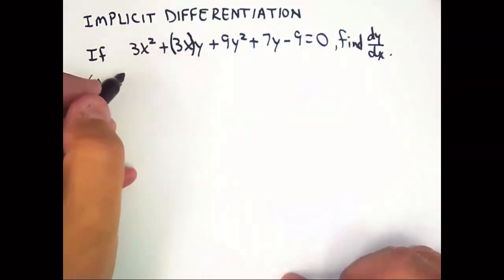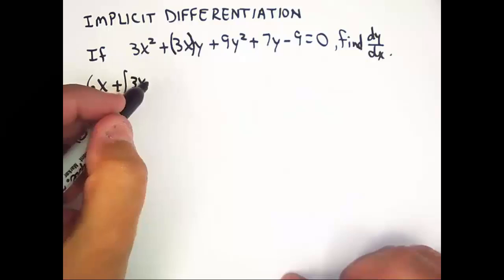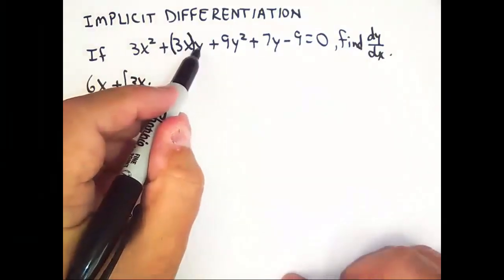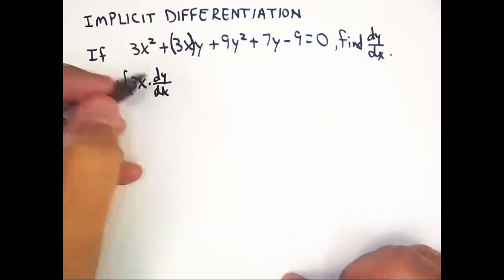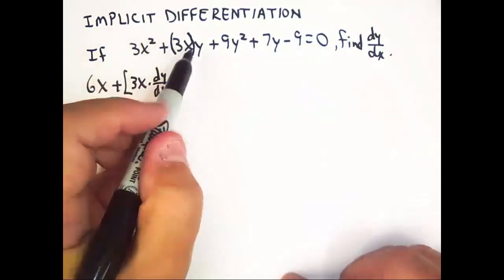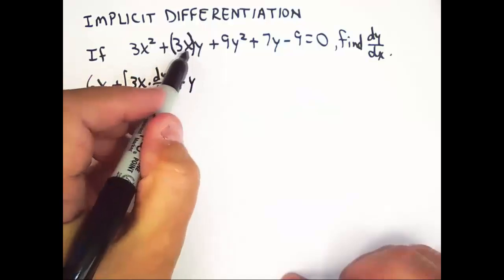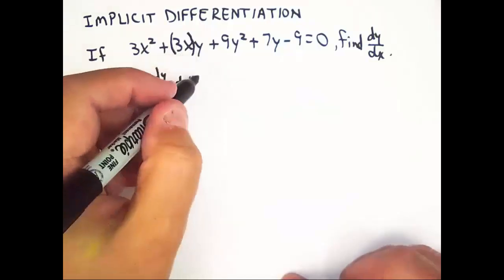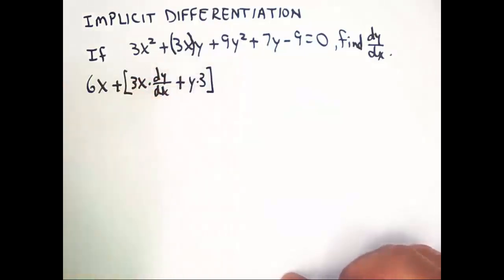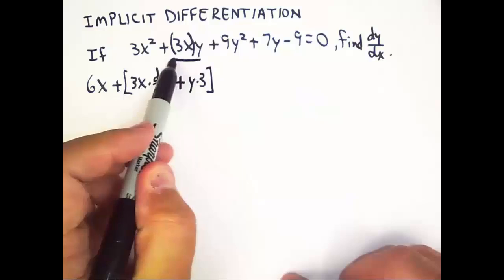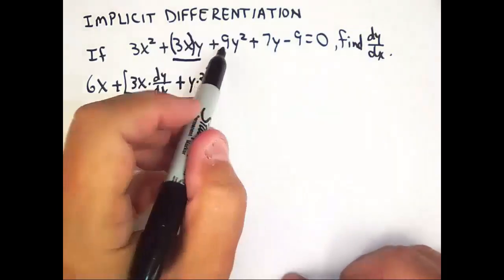The product rule says you take one of the factors and multiply it by the derivative of the second factor. The second factor is y, so its derivative is dy over dx, plus, then you reverse it and you take the second factor and you multiply by the derivative of the first factor, where the derivative of 3x is 3. So that's the derivative by the product rule.